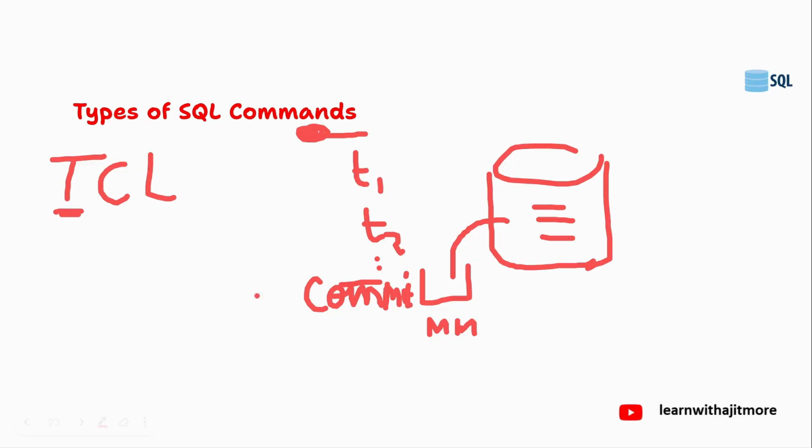Like suppose from my Pimpri-Chinchwad area, I want to go to Pune city. Pune city is separate, and I stay in another suburb. If I have work in Pune city, I would go there, do the work, and come back. Again I would go, do the second work, and come back.